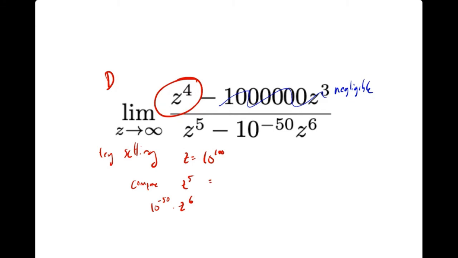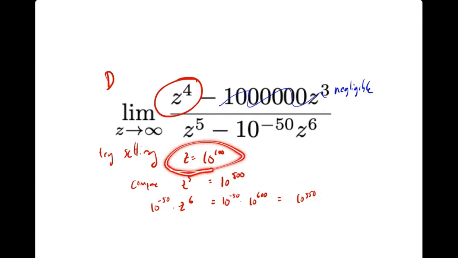Well, if z is 10 to the 100, then z to the fifth is 10 to the 500, because when you raise a power to a power, you multiply the powers. What do we get for the second one, this one? I have 10 to the minus 50 times 10 to the 600 is equal to 10 to the 550. Oh, and that's bigger. 10 to the 550 is bigger than 10 to the 500.